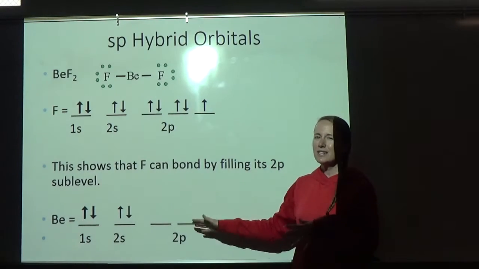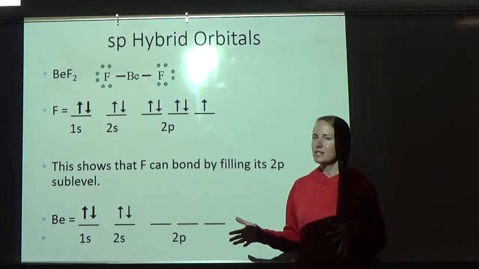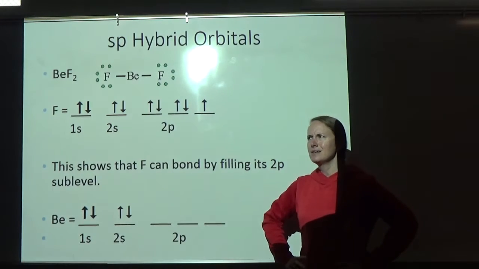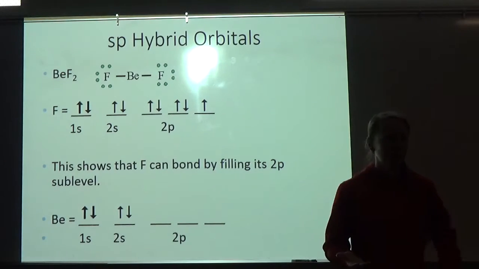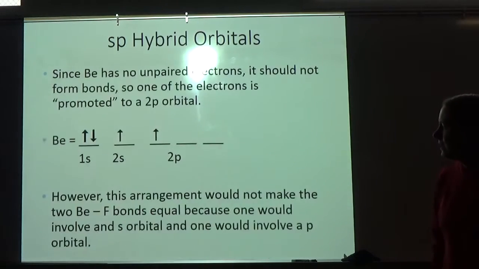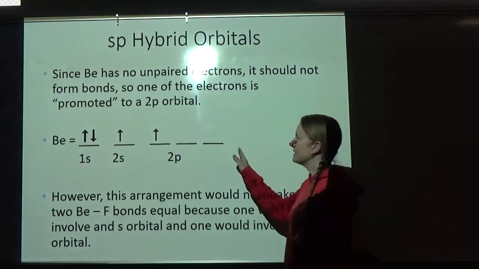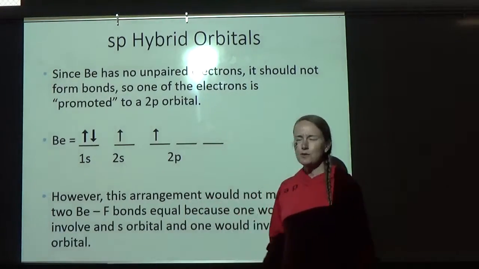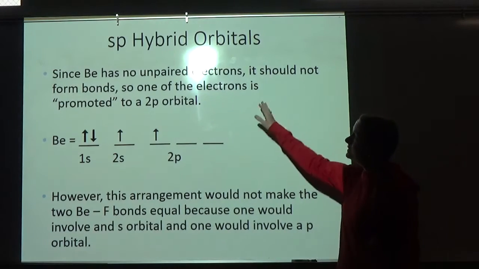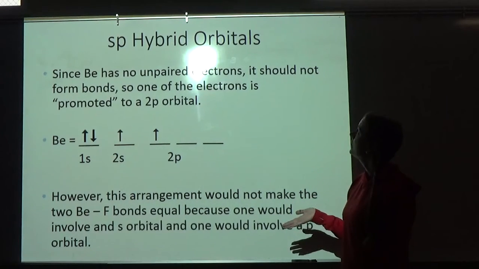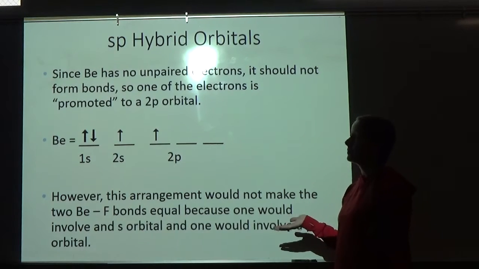So really, looking at that electron configuration, Be's already kind of full and doesn't want to bond at all, because it's going to take a lot to fill in an entire 2p sublevel. Since Be has no unpaired electrons, it should not want to form bonds.